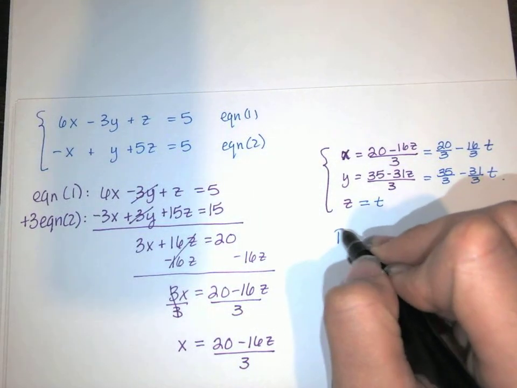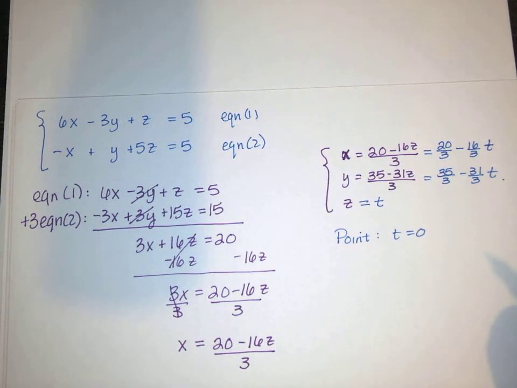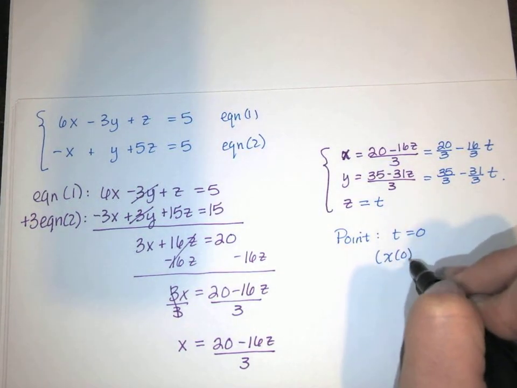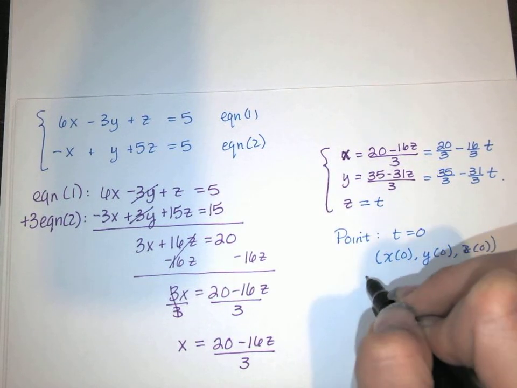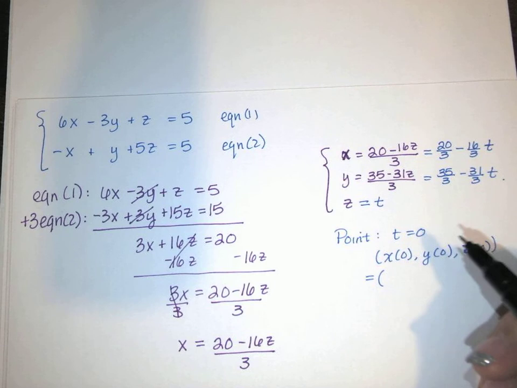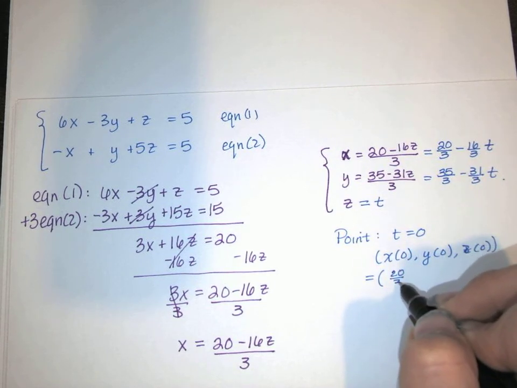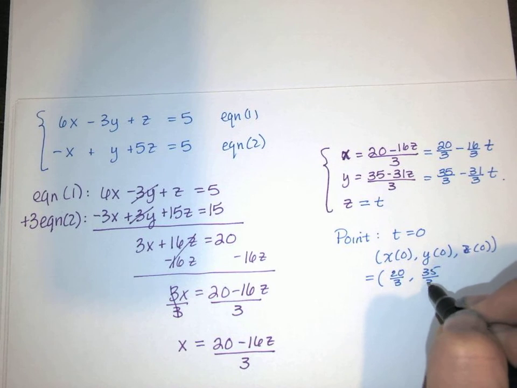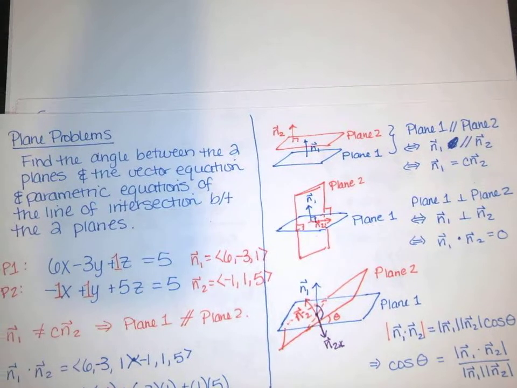So one point on this line comes from setting t equal to 0. So we get x of 0, y of 0, z of 0, and that's given by 20 over 3, 35 over 3, and 0. All right, so those are the parametric equations of the line.